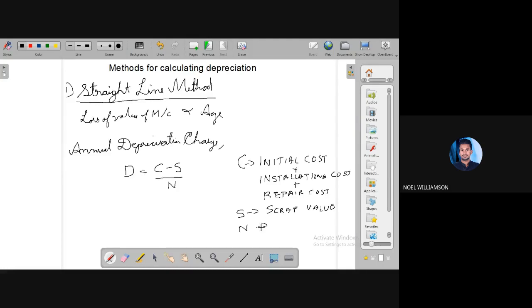And N is the number of years of the estimated life, which is in years. Okay, so this is a simple method. Whenever the initial cost is given, you have to subtract the scrap value and divide by the lifetime.